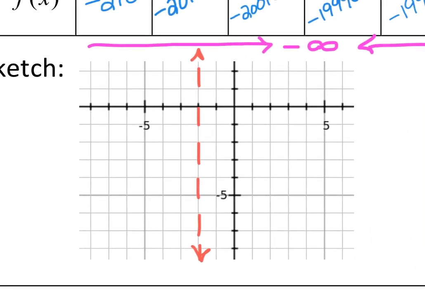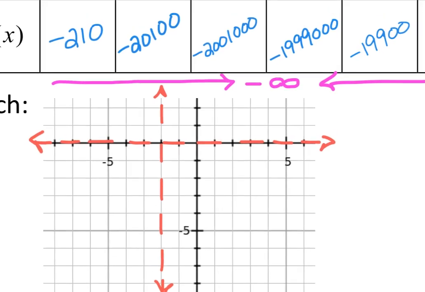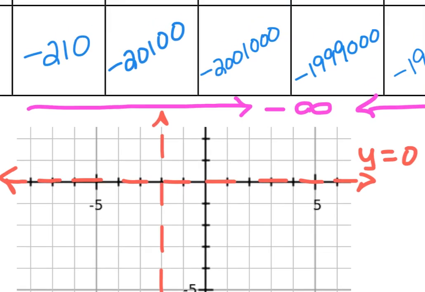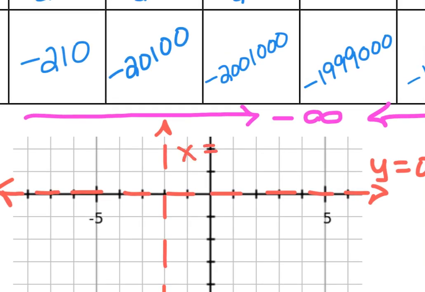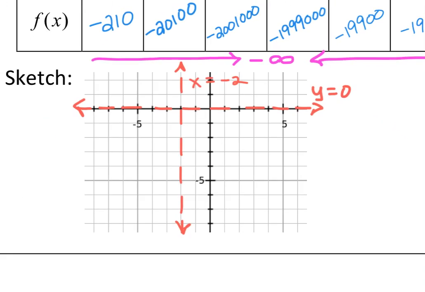And then remember that algebraically, the denominator has a bigger degree than the numerator, and so there's going to be a horizontal asymptote at y equals 0. Let's label our asymptotes. y equals 0, and x equals -2.